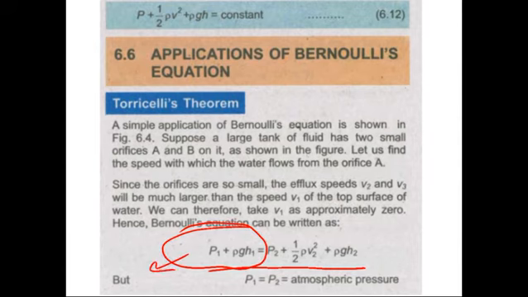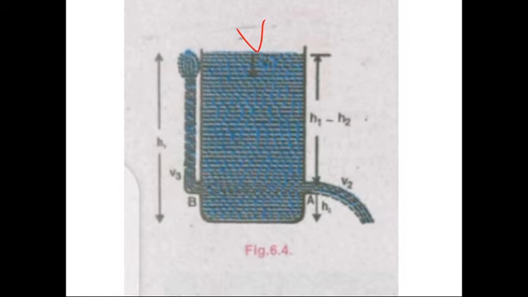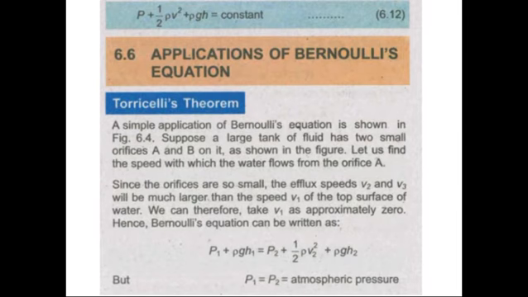So keep in mind, as we have discussed, speed V1 is very small as compared to V2 and V3. That's why it is neglected. So on the left hand side V1 is taken as 0, or it is neglected.